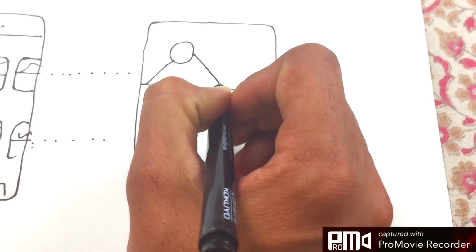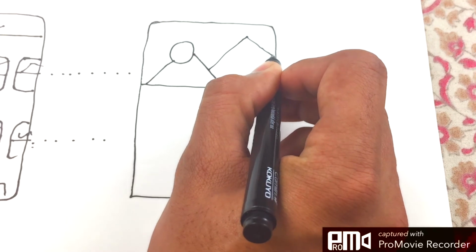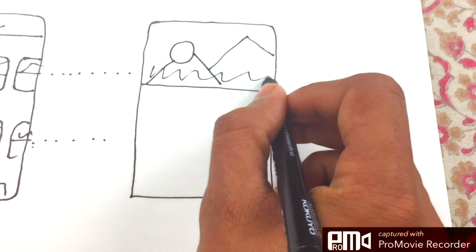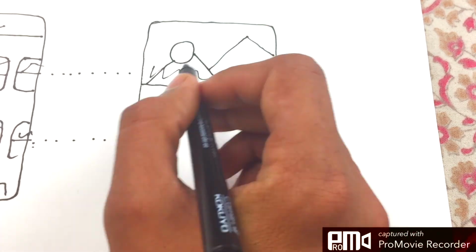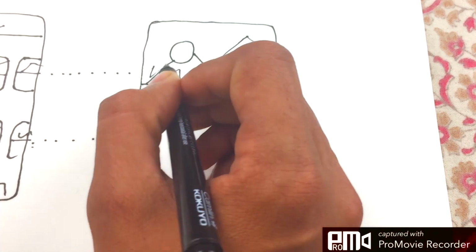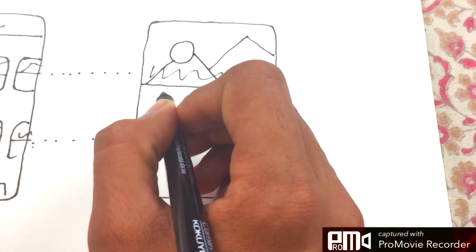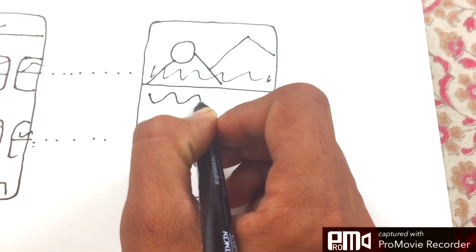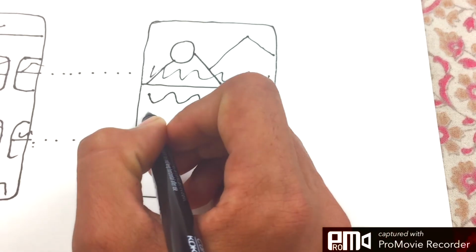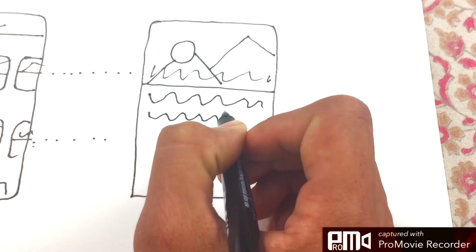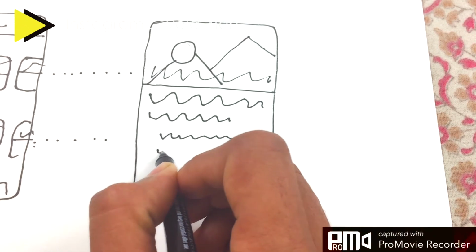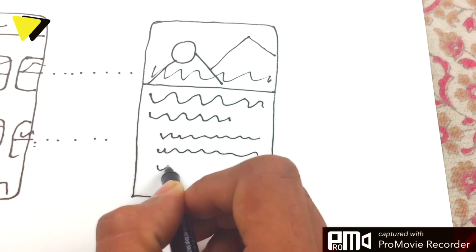And this image will have some gradient, and some black overlay right over here, and this part will have the detailed news title, something like this, and the detailed news about the story.